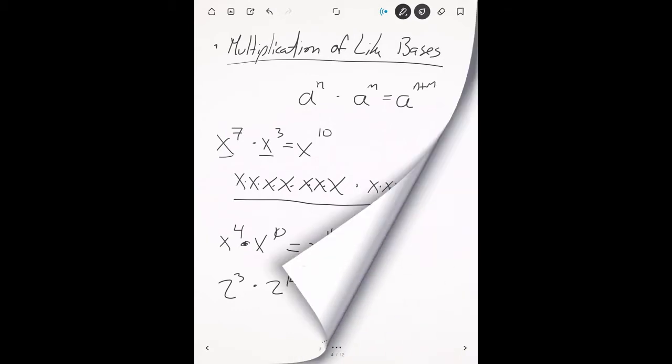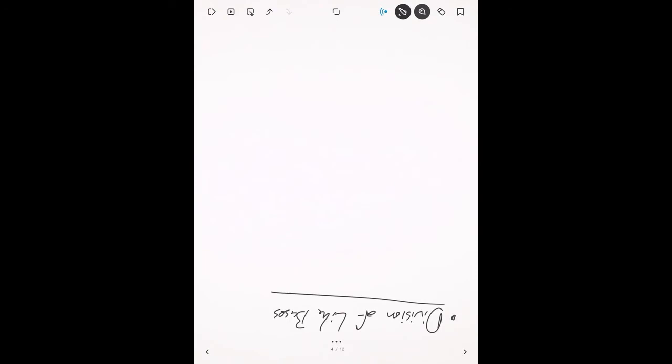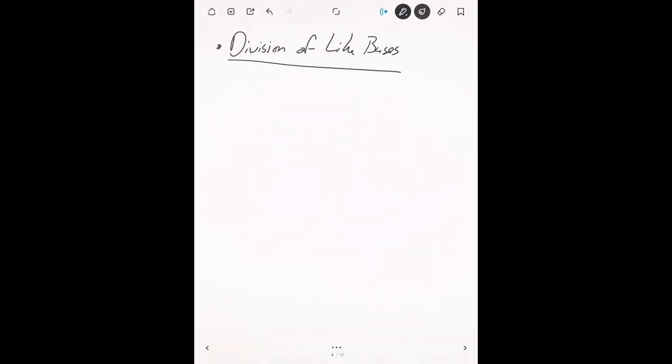Okay, we talked about the multiplication of like bases, but what about the division of like bases? What happens when we are dividing the same base, but they have different exponents? Why don't we try to put this in expanded form and see for ourselves what the rule is?